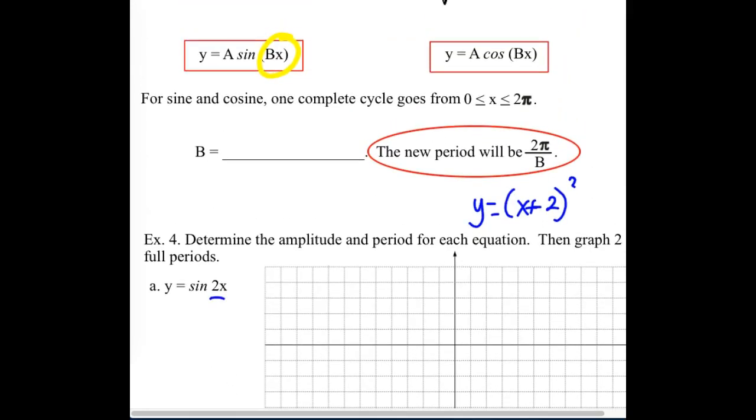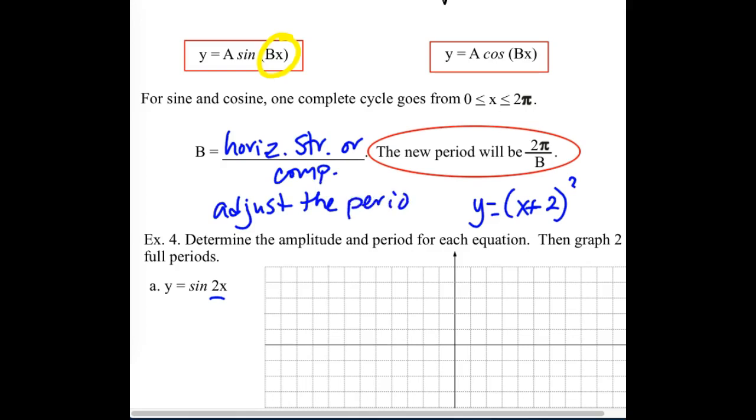The B term is going to affect how big one period is. When we graphed that one cycle, we went from 0 to 2 pi. Now we're going to change that spacing. So B is going to cause a horizontal stretch or compression, which means it's going to adjust the period for our graph.